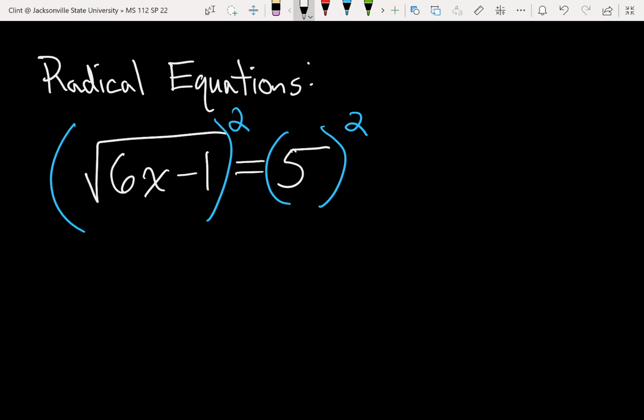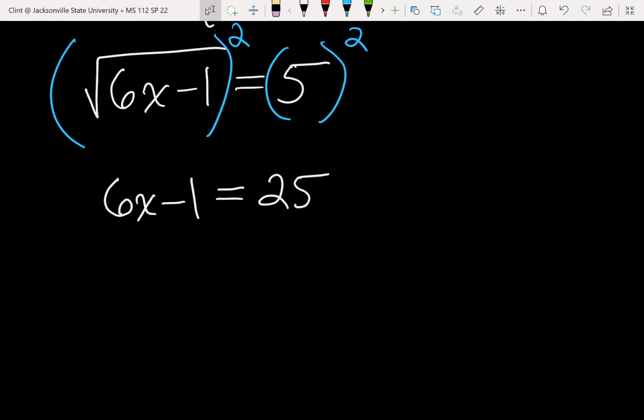Here, if we square the square root, it just leaves us with what's underneath. On the other side, if we square the 5, we get 25. From there, it's just a nice little linear equation.